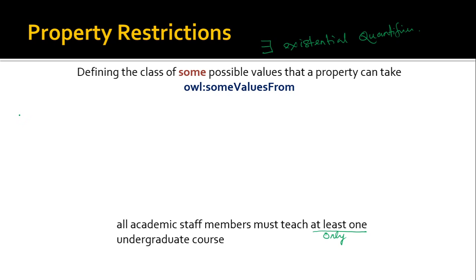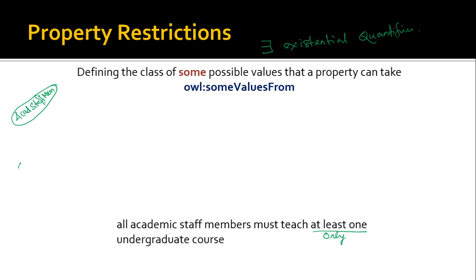So you have these academic staff members, academic staff member, which is a class, a set, right? Now you have another anonymous set, teach at least one undergraduate course. So we'll be using the same thing.